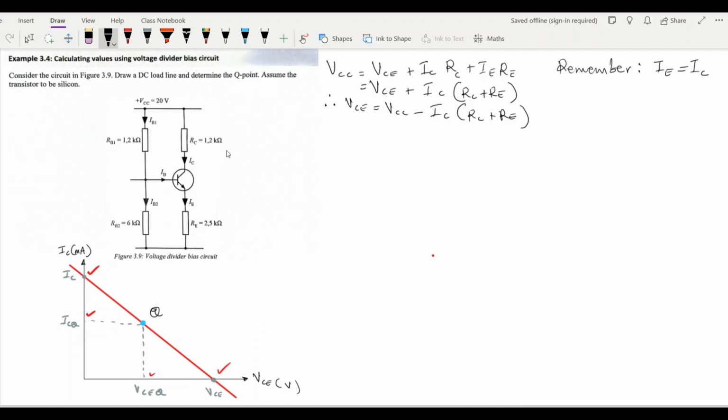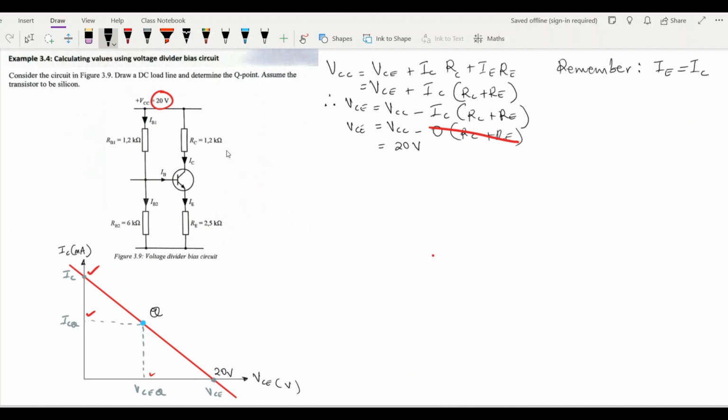It means that here we'll be having VCC minus 0 multiplied by (RC plus RE). That is our VCE. Automatically, this will be 0. So your VCE will be equal to VCC, which according to this is 20 volts. It means that the coordinate here is 20 volts.